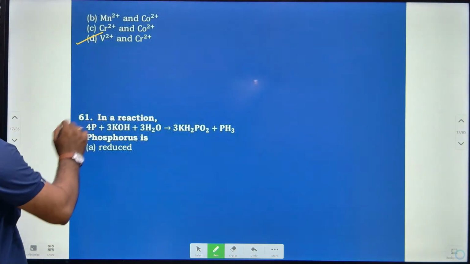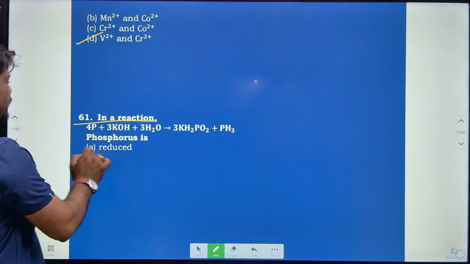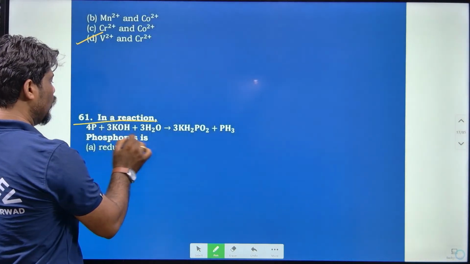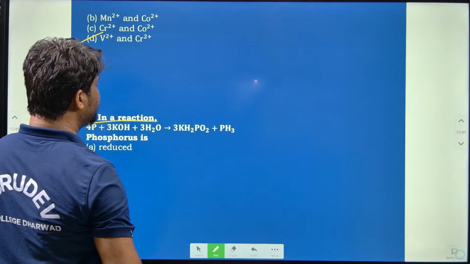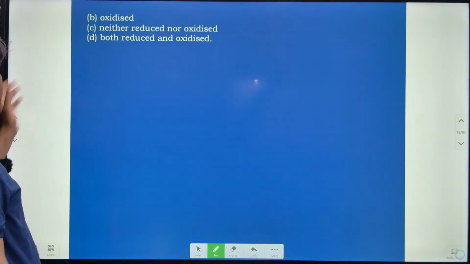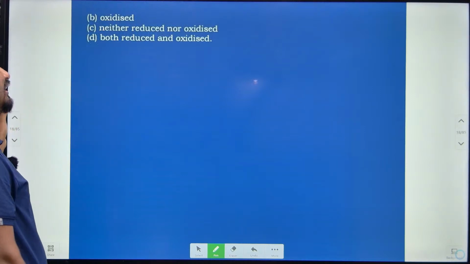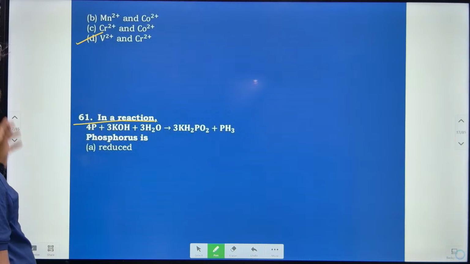Well, go to question number 61. In the reaction P4 plus 3KOH plus 3H2O gives 3KH2PO2 and PH3, the phosphorus is either reduced, oxidized, neither reduced nor oxidized, or both reduced and oxidized. So we need to solve this one.